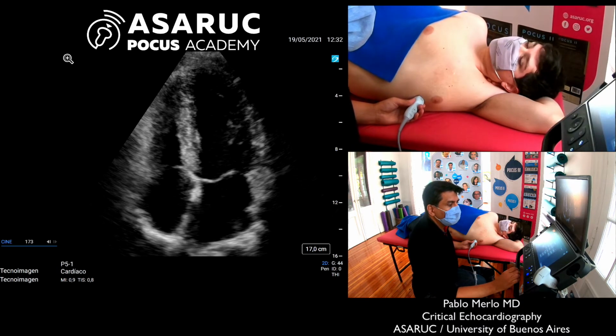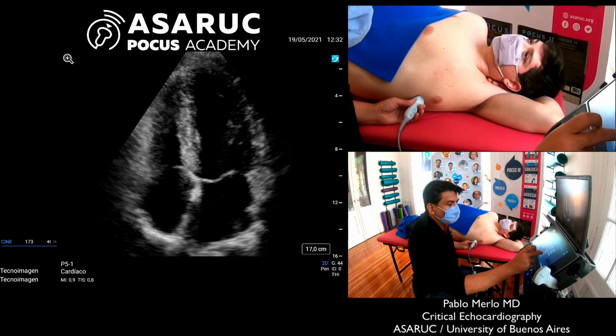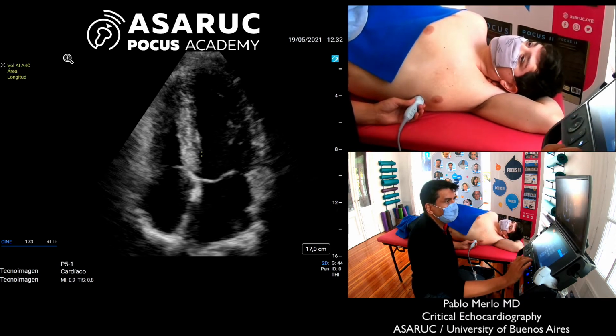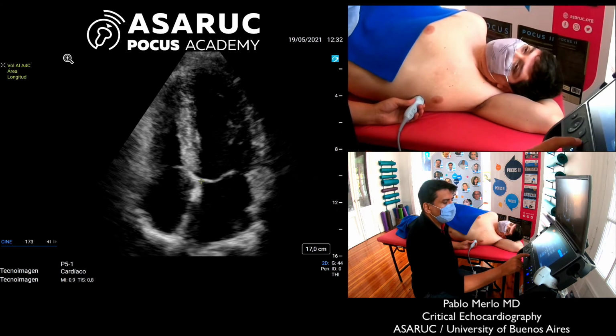We can now measure the left atrium's area and volume with this device's measurement instrument.